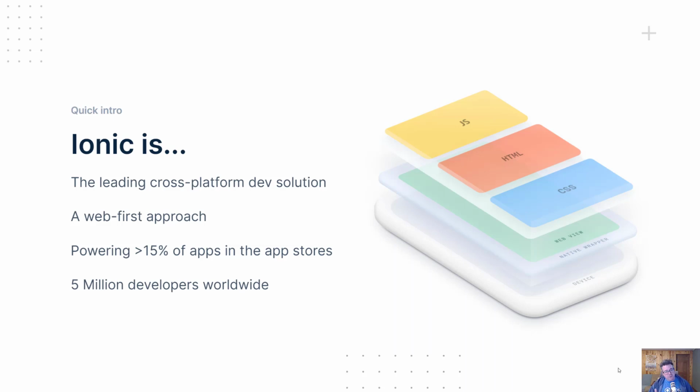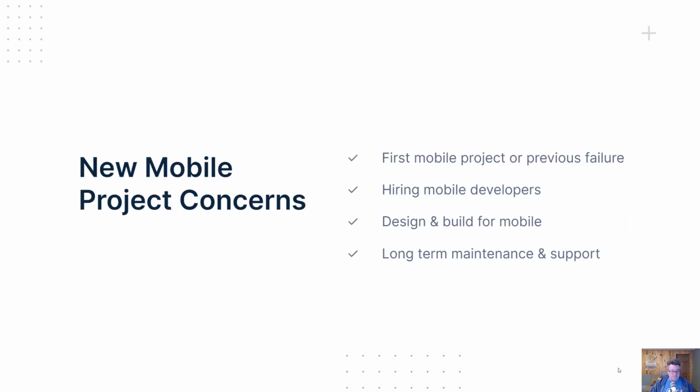We've been around for a number of years now and the approach we're talking about here today is clearly resonating because we are now powering over 15% of apps in the app stores. That's Google Play and the Apple App Store, as well as countless progressive web apps out on the World Wide Web. And we have a network of over 5 million developers worldwide. All right, that's just a brief overview of Ionic. Let's get to the presentation.